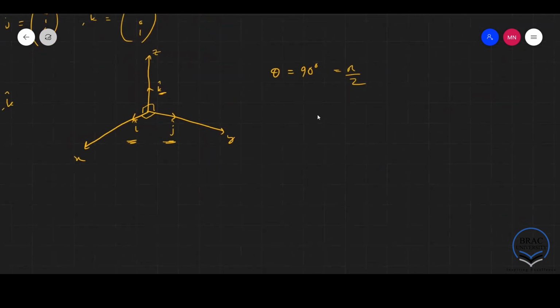To find these cross products, what I can first do is find the magnitudes of these cross products. So the magnitude of i cross j will be given as the magnitude of i times the magnitude of j times sine of theta. We know that these are unit vectors, so this will be just equal to 1 times sine of 90 degrees, or pi by 2, since the angle between these vectors is 90 degrees.